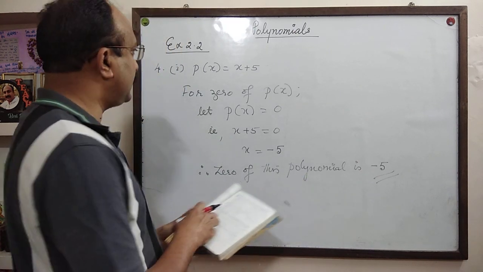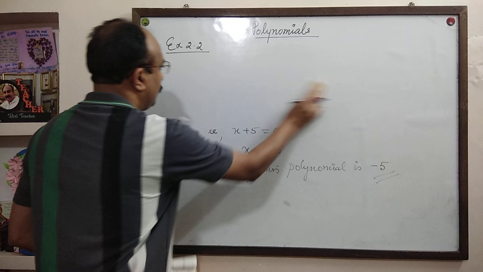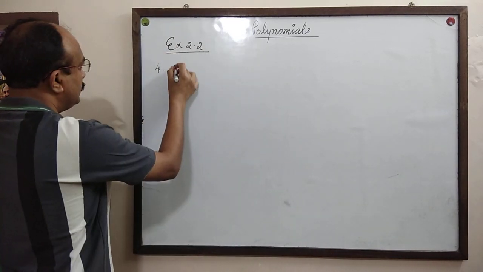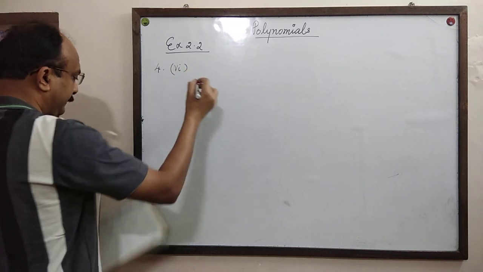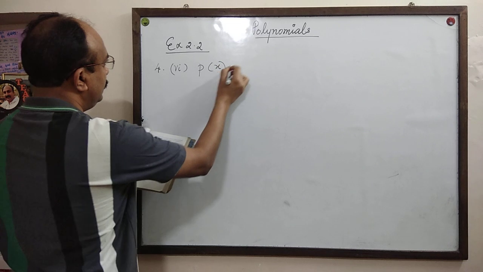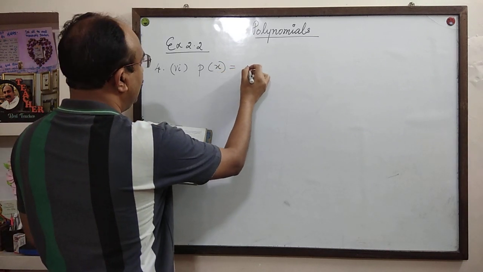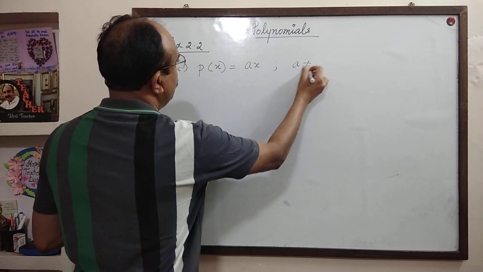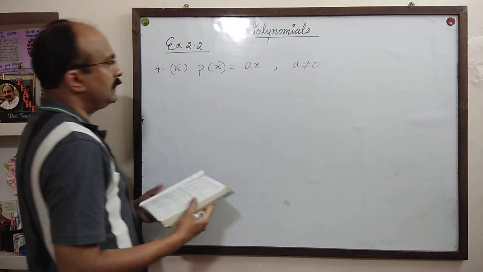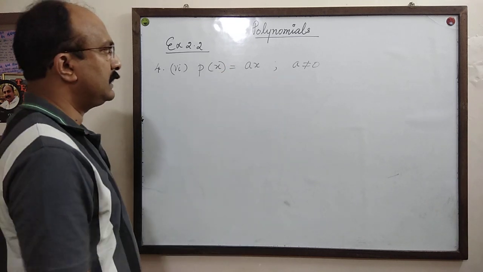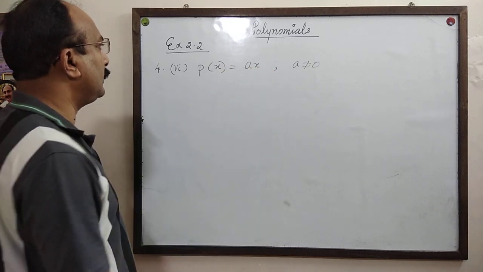See question number 6. Question number 6 is p(x) is equal to ax where a not equal to 0. Means if a is 0, then this polynomial does not exist. That way it is given a not equal to 0.